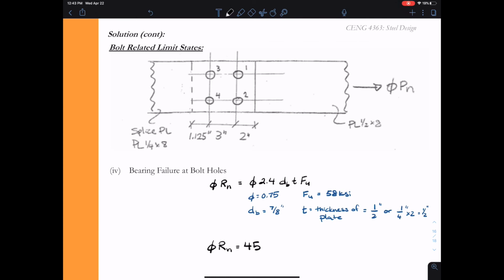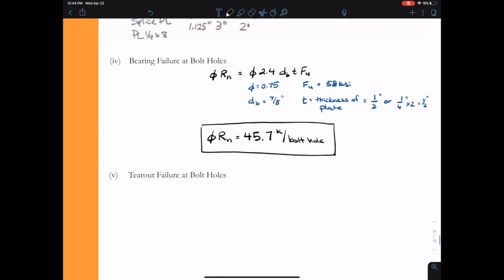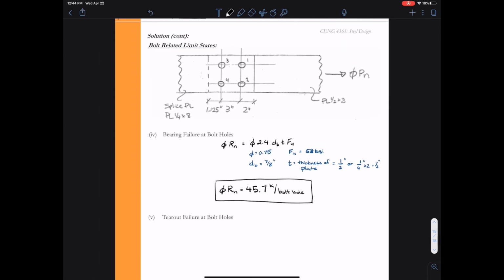So we'll find that the bearing strength of both the splice plate and the regular 1/2 by 8 inch plate will be the same value. Doing the calculations, we get that phi(Rn) is 45.7 kips. This is per bolt hole or per bolt. So just keep that in mind. We're coming up with sort of nominal resistance for little portions of the connection for each bolt hole.